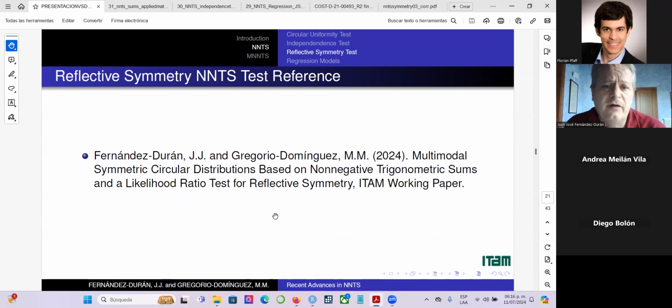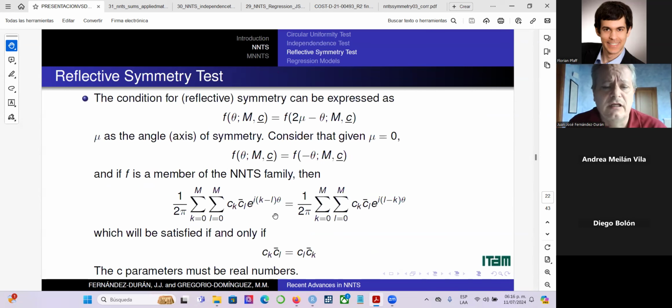The third application, which was discussed in a previous talk also, is reflective symmetry. What happens in the family of non-negative trigonometric sums is that when you apply the condition for reflective symmetry, you find that the complex numbers that represent the parameter vector of the NNTS density have to be real numbers in order to have a symmetric distribution.